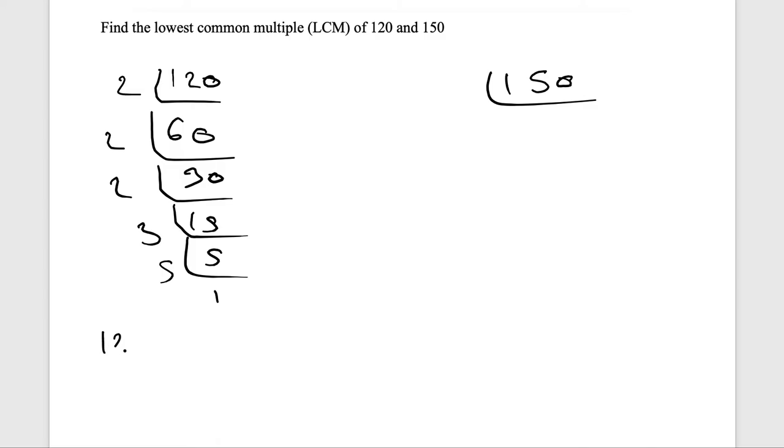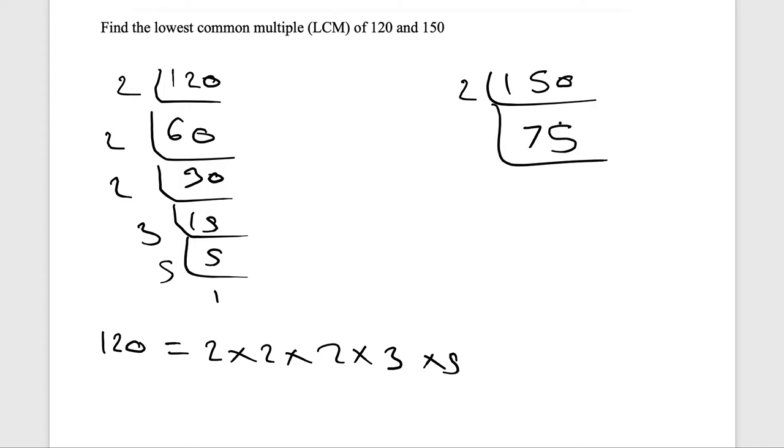So 120 is 2 times 2 times 2 times 3 times 5. 150, what's the smallest prime number that goes into 150? It's 2. And that would get you 75.